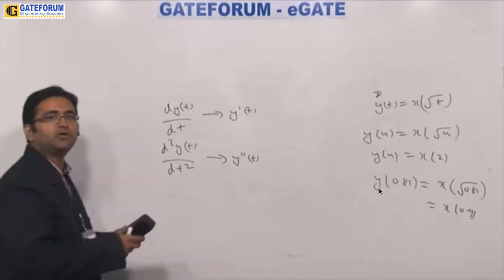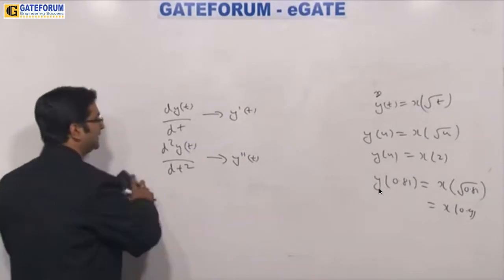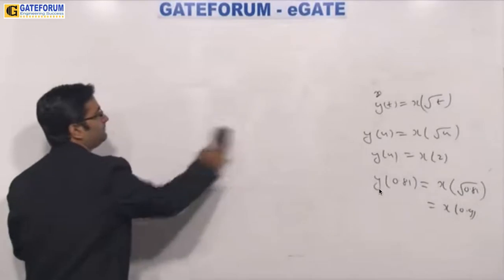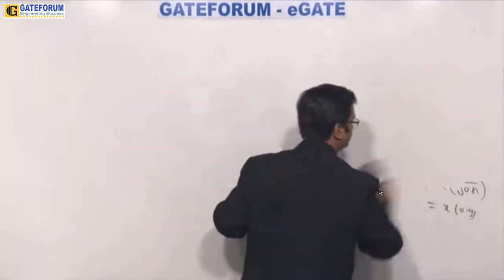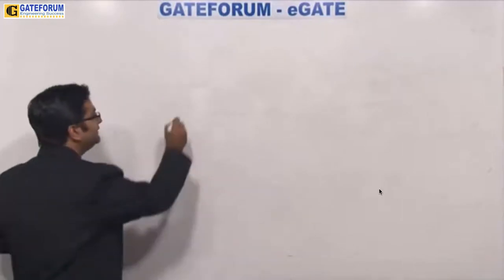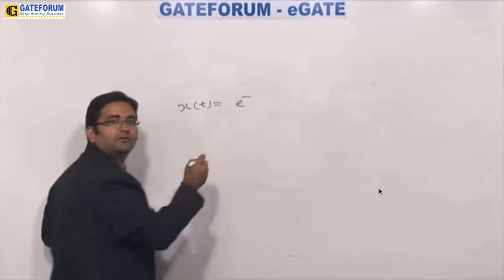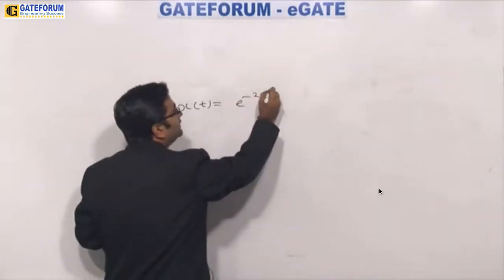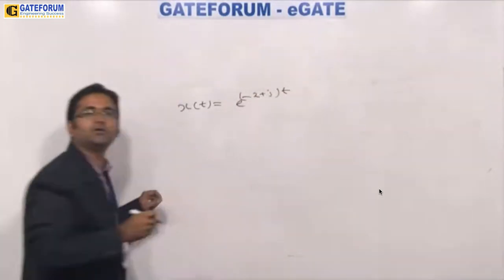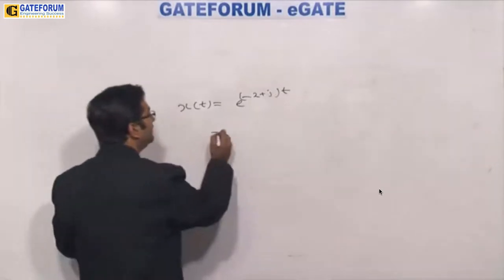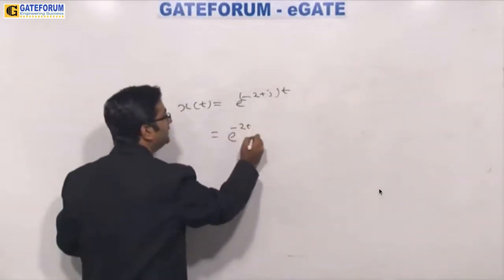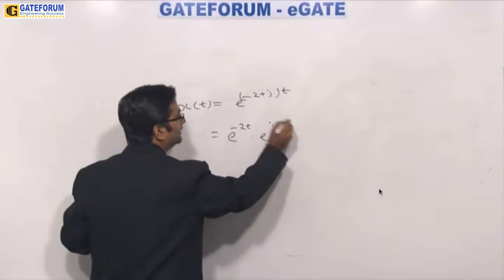Rajiv from Delhi is asking about e to the power minus 2 plus jt. Yes, Rajiv, let's see this. Your question is whether x(t) equals e to the power minus 2 plus jt is periodic or non-periodic. See Rajiv, it is very simple. e to the power minus 2t, e to the power jt, right?